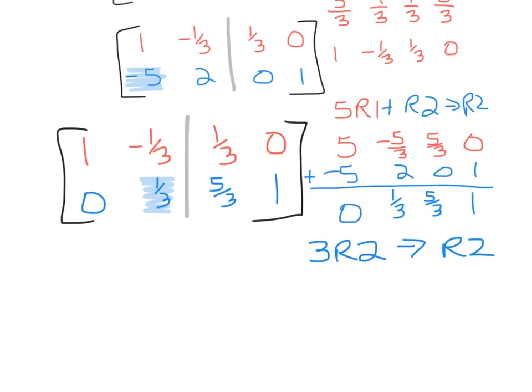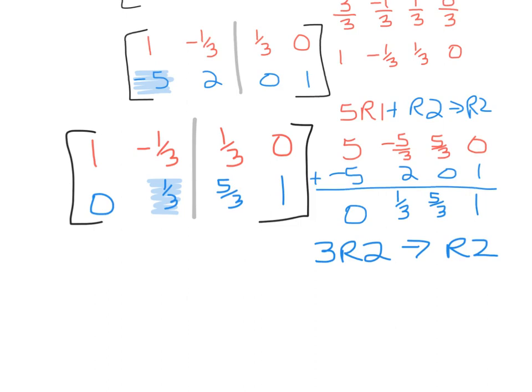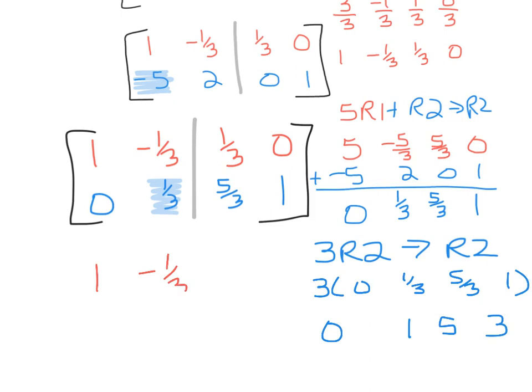And that'll give me my new row 2. So once I multiply that, it's really 3 times all of these. So I get 0, 1, 5, and 3. Row 1 is the same. Row 2 is the 0, 1, 5, and 3.